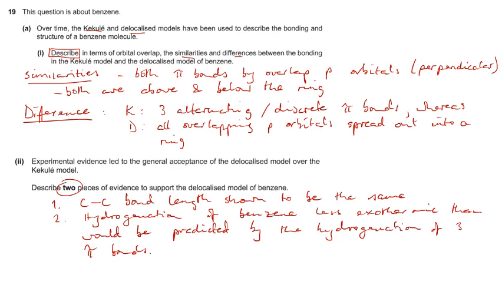Okay, that's enough to get the 2 marks for that. So we'll leave it at that. You could choose other bits of evidence that you'd be familiar with as well.